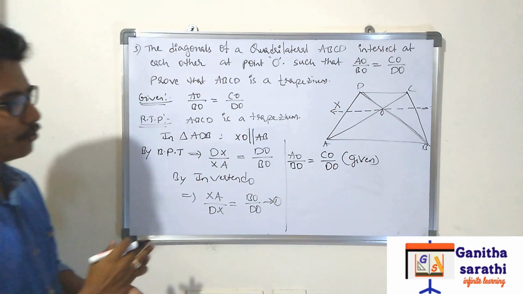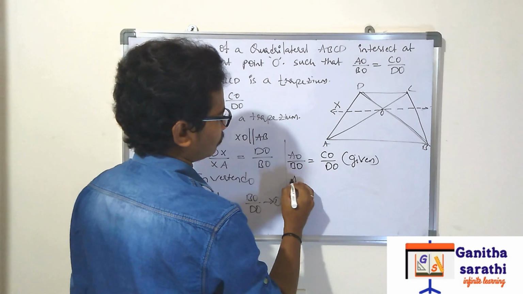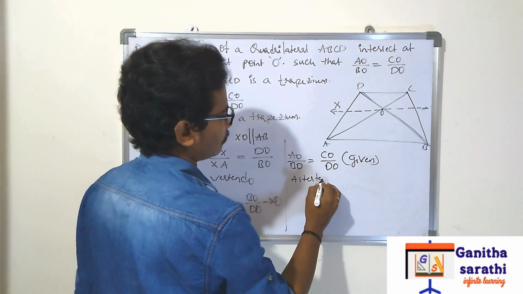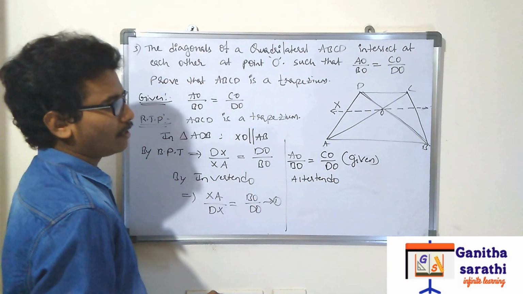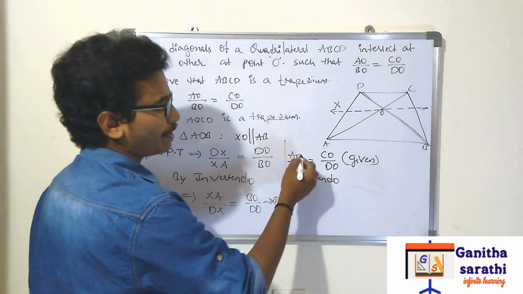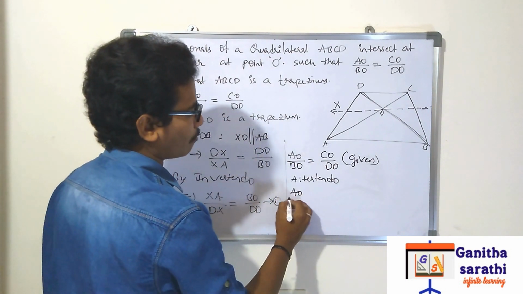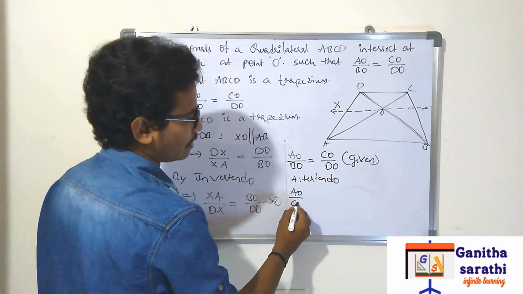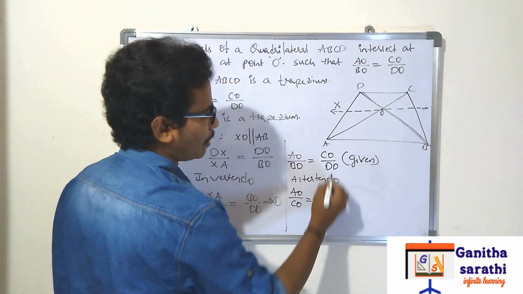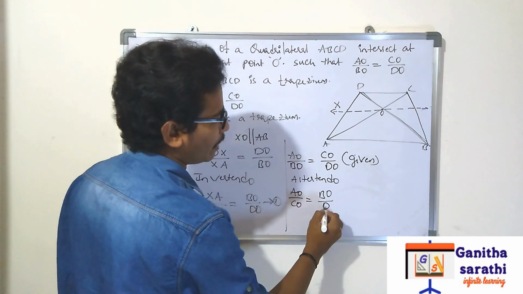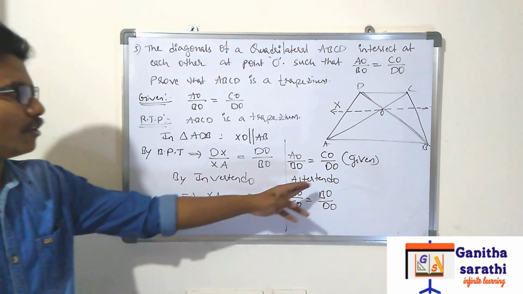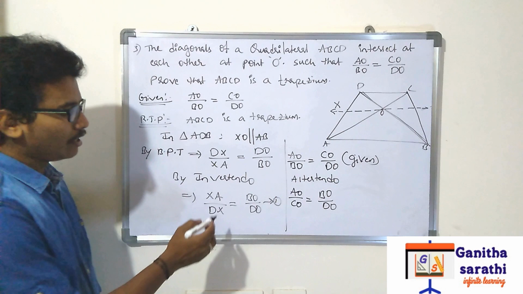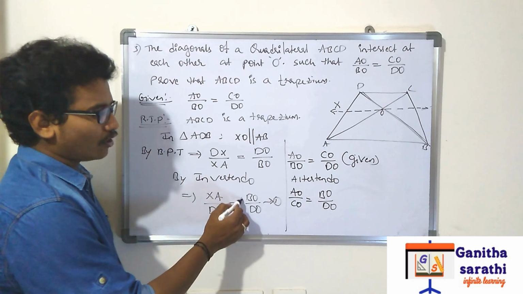Now what should you do? By alternendo, which means take the opposite values. AO by CO can come here, and BO can go there, BO by DO. So AO by CO is equal to BO by DO. Here also XA by DX is equal to BO by DO.